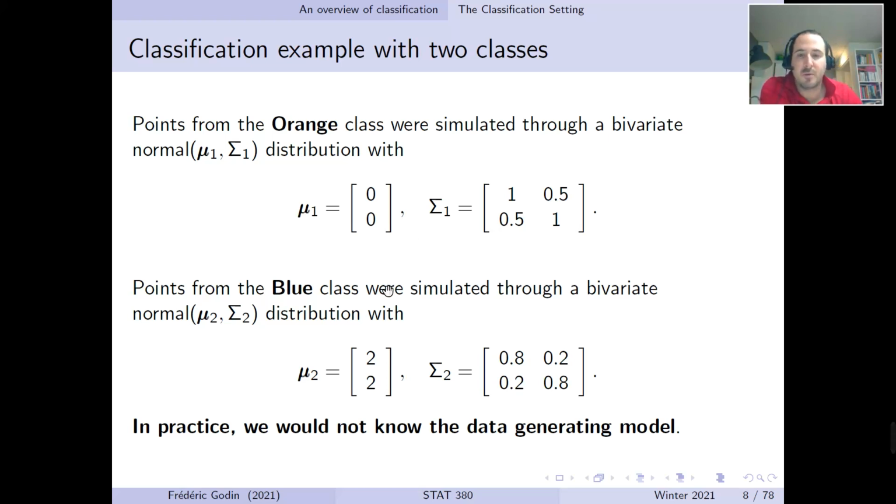Same here for the blue class. We simulated all points from the blue class with a bivariate normal distribution with mean 2, 2 and some covariance matrix here. Once again the points were positively correlated, and the standard deviation here is slightly smaller than 1, so it's the square root of 8.